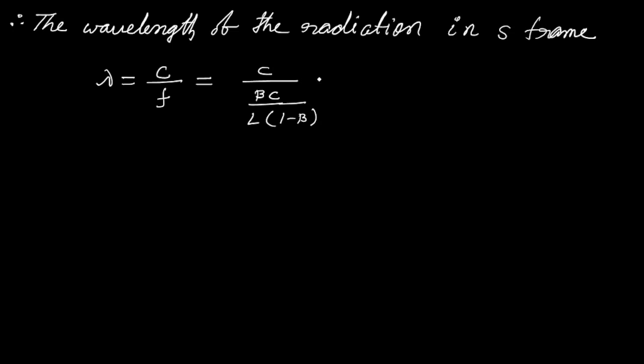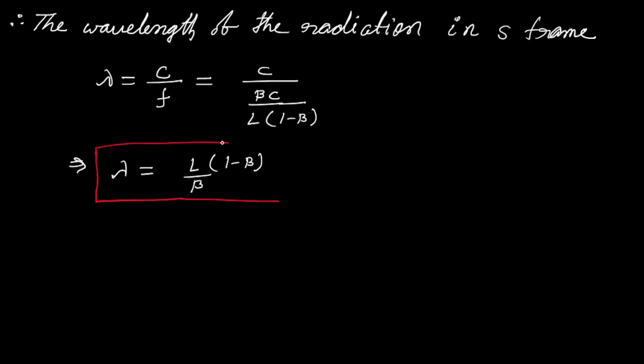So if we simplify this, finally we'll get lambda equals L into 1 minus beta divided by beta. So this will be the wavelength of the radiation that will be observed by an observer from S frame, and that has been asked in this question.